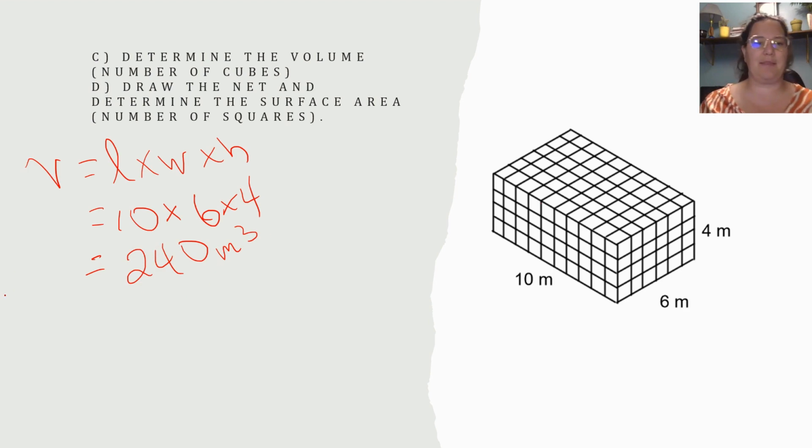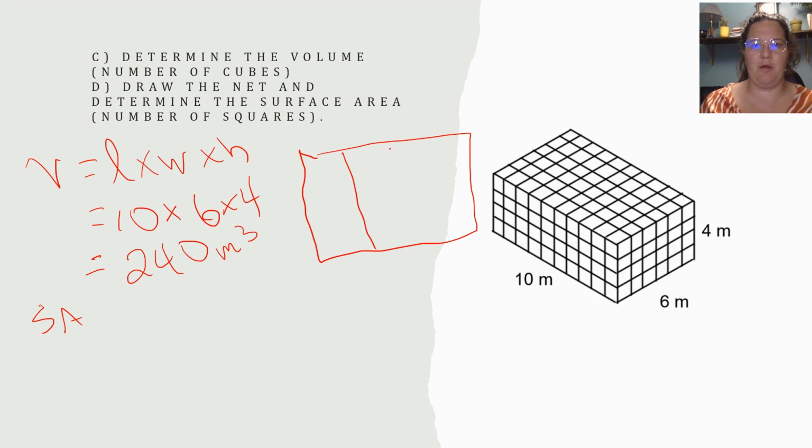Now we're going to look at the surface area. So if I draw this out as a net, and forgive me because my drawing is not great. So we're going to have 4 of the longer ones. And then we have our front and our back, which are a little bit smaller.